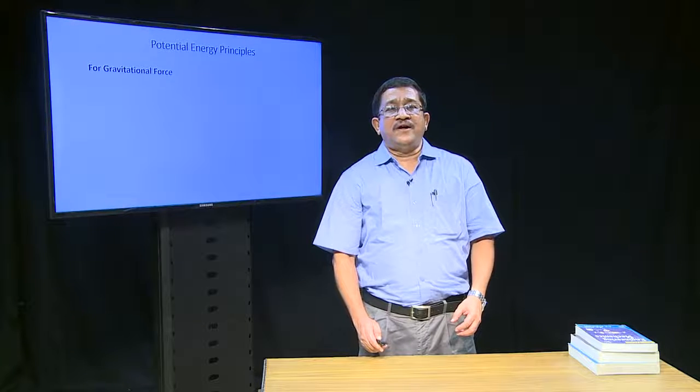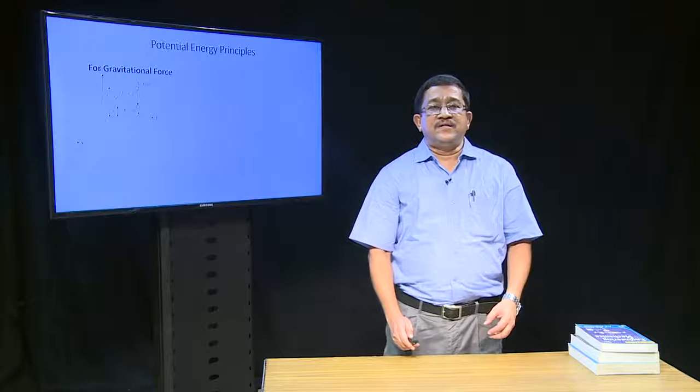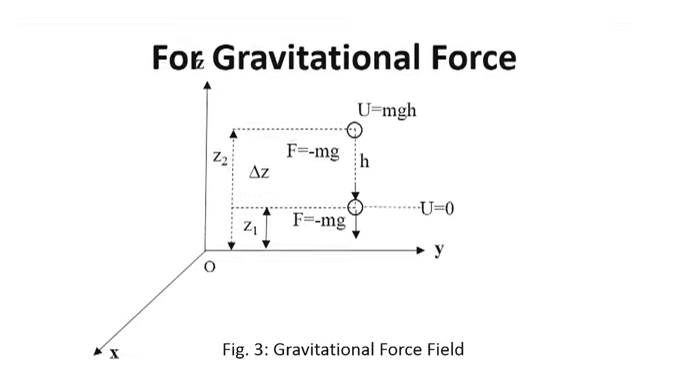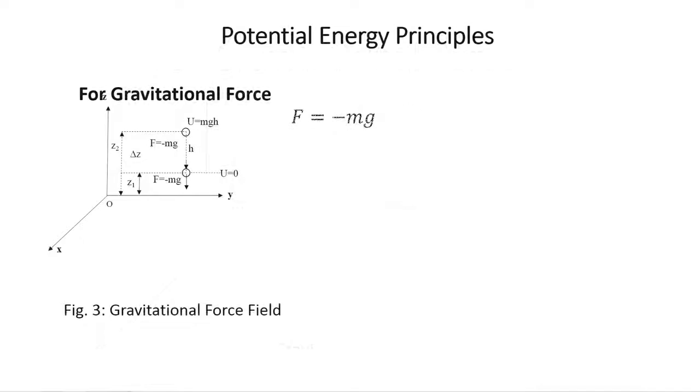Now, for gravitational force, in this figure you can find the weight of the body mg, and the body in two positions, z1 and z2, from the coordinate axis OY. Here F is equal to minus mg.